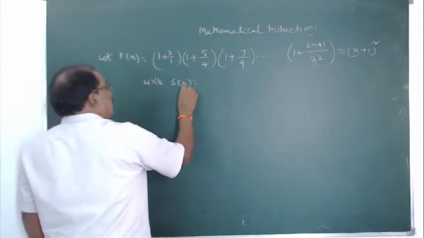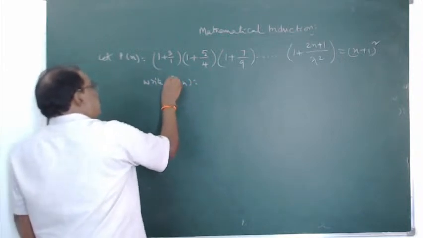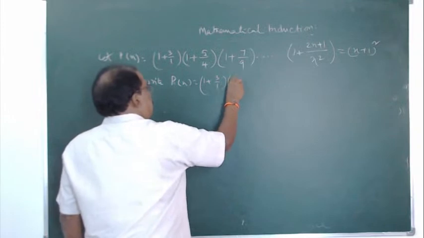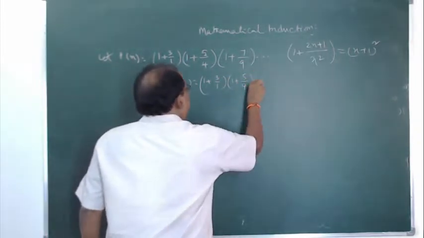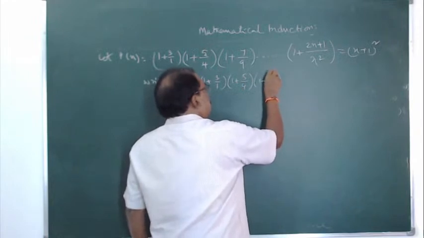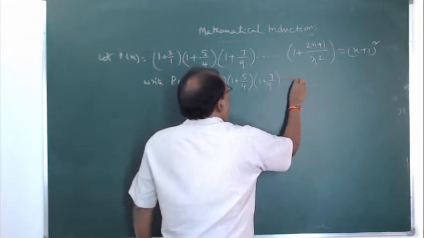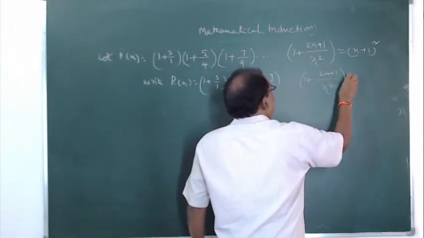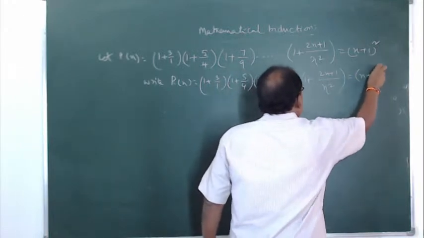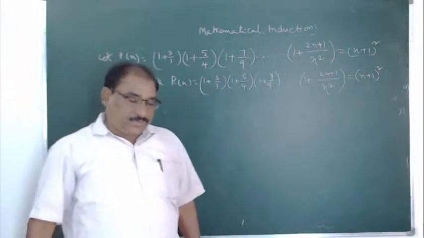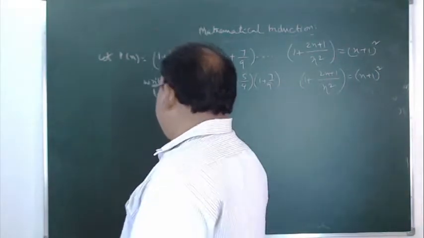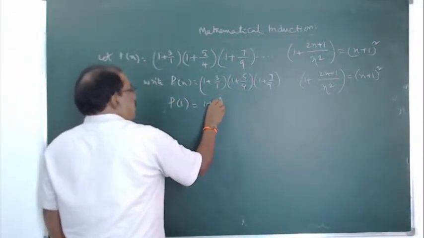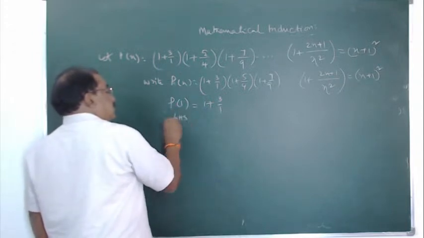Here the product P of n is 1 plus 3 by 1 into 1 plus 5 by 4 into 1 plus 7 by 9 and so on, 1 plus (2n plus 1) by n square is equal to (n plus 1) whole square. Find P of 1. LHS is 1 plus 3 by 1, which is 4.